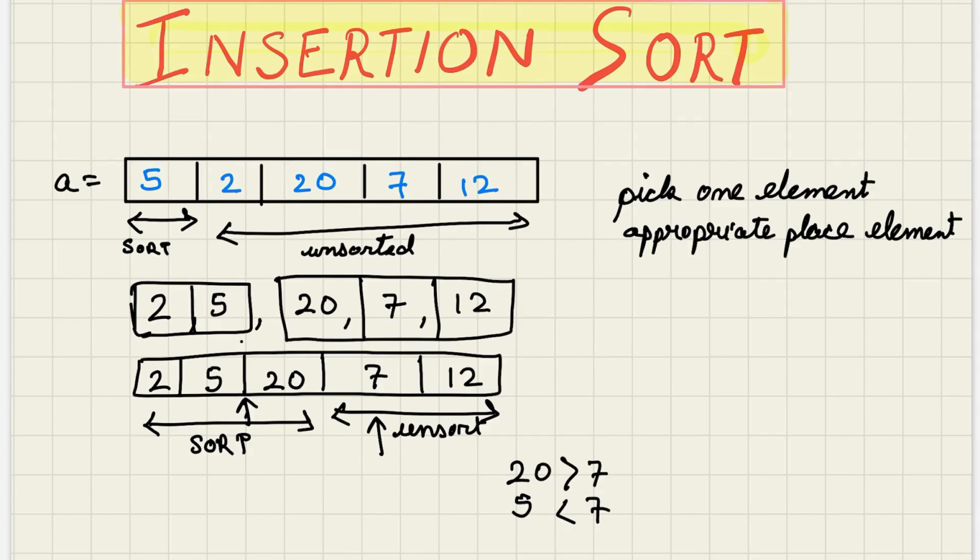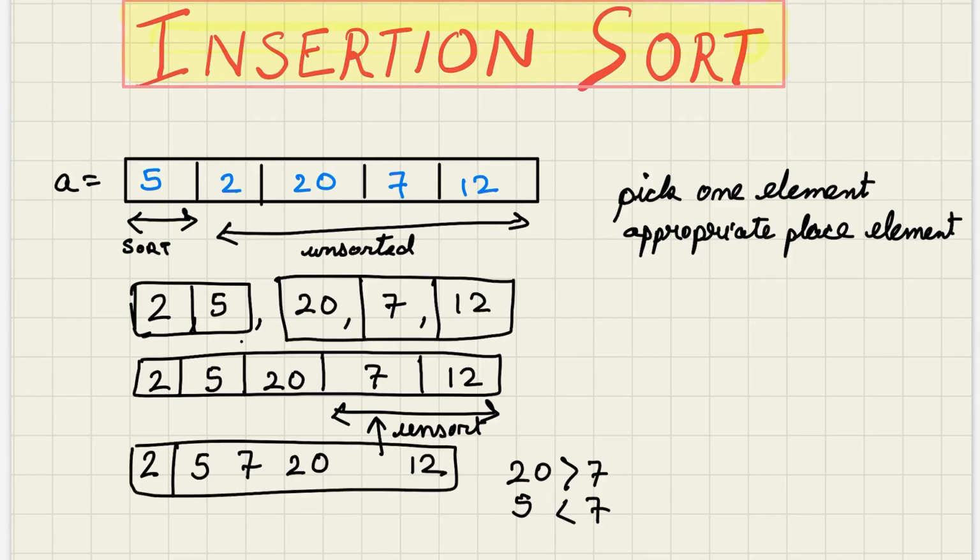So it should come in this particular place. After 2, 5, it should have this 7 and then 20 and then we have this 12. So in this list, this portion becomes our sorted sublist and this remains our unsorted sublist.